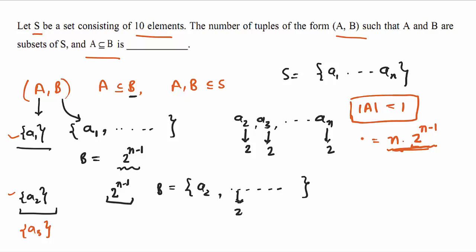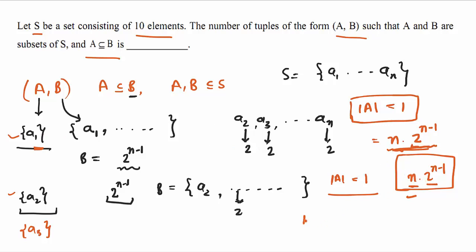So what we need to do? See, if cardinality of A is 1, then the answer could have been n into 2 power n minus 1. This is the answer if they ask us that cardinality of A is fixed, that is 1. Total such pairs A comma B is n into 2 power n minus 1. Why? Because there are n possibilities for A, and for every possibility of A, we have 2 power n minus 1 possibilities for B, right?